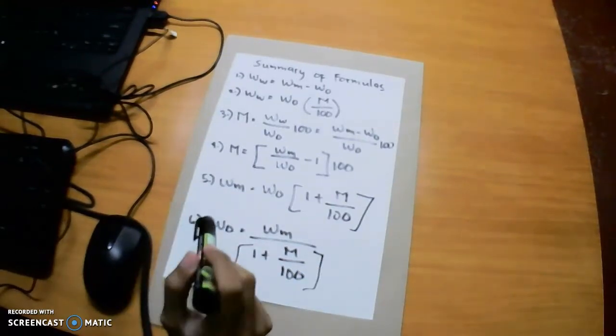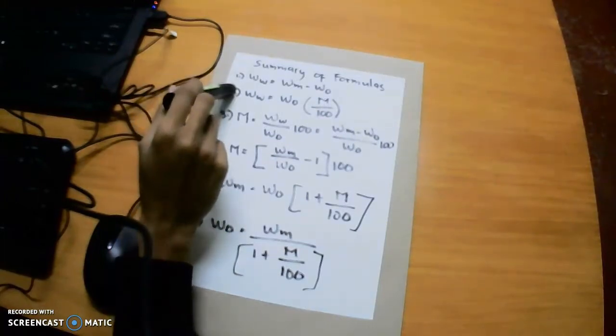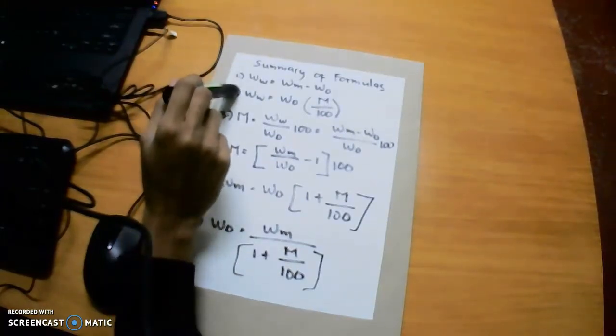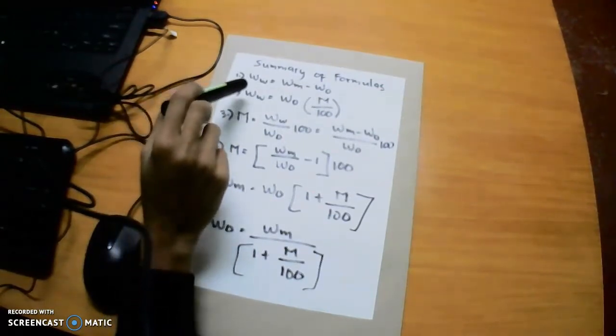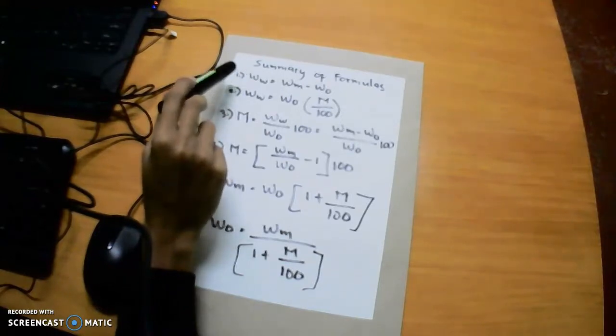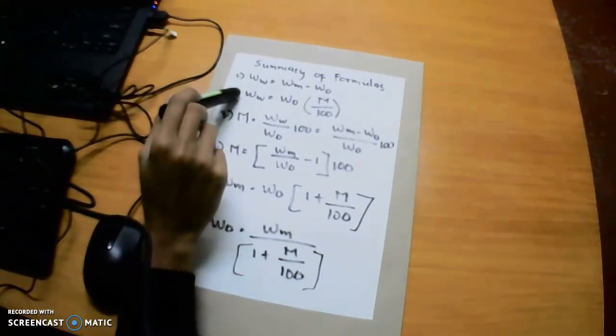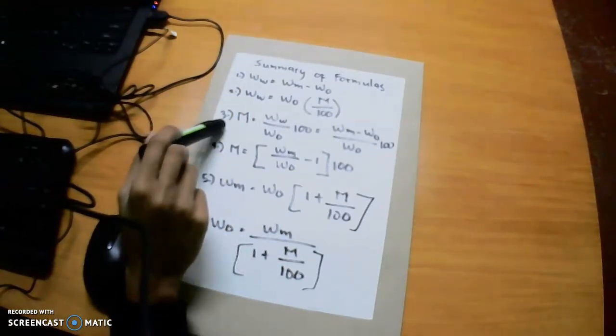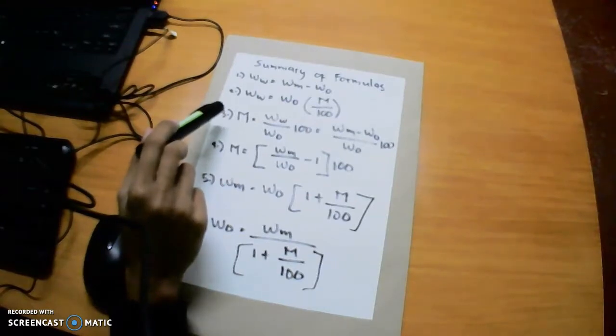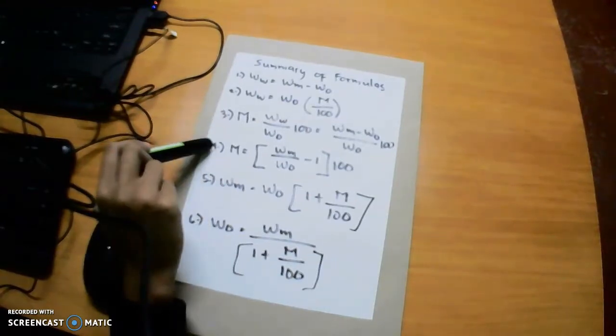Again, summary, the first two formula, if you want to determine the weight of water, you can use either number 1 or number 2. Tapos, for determining moisture content, you can either use number 3 formula or number 4.